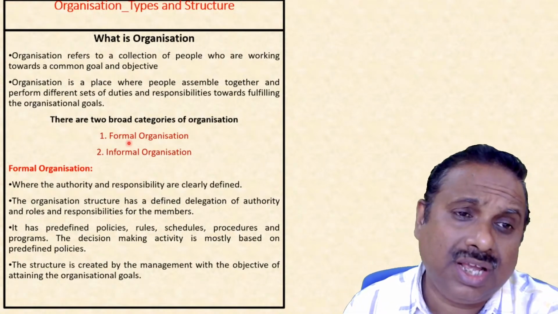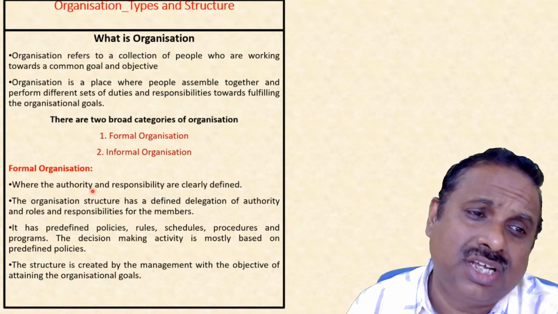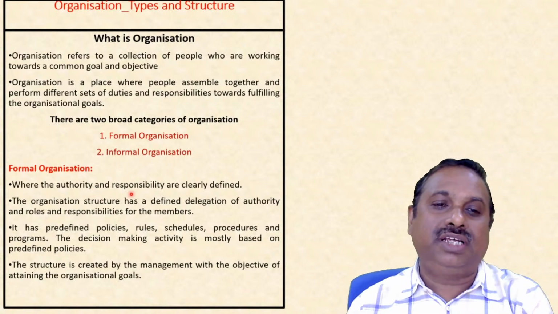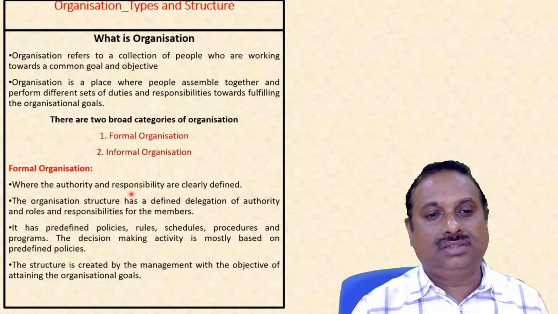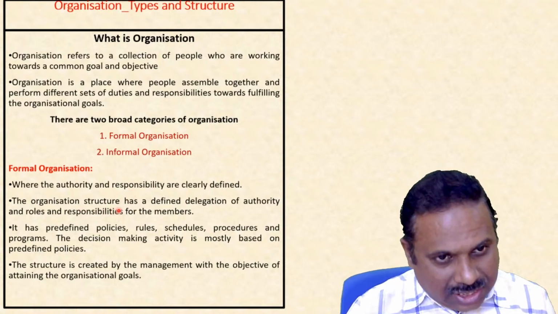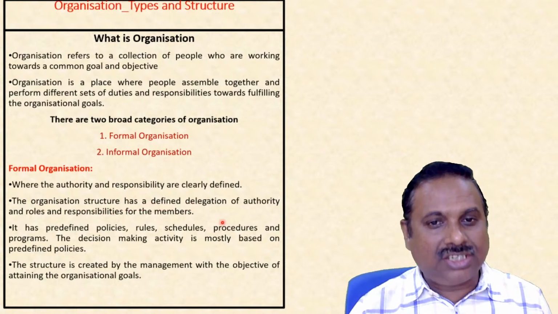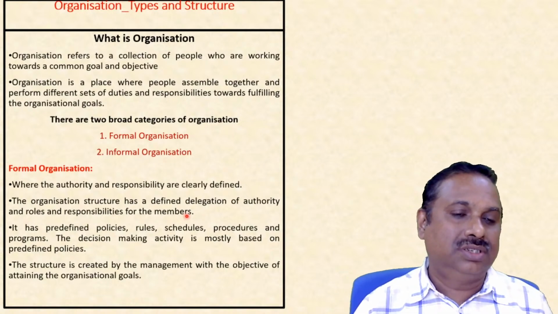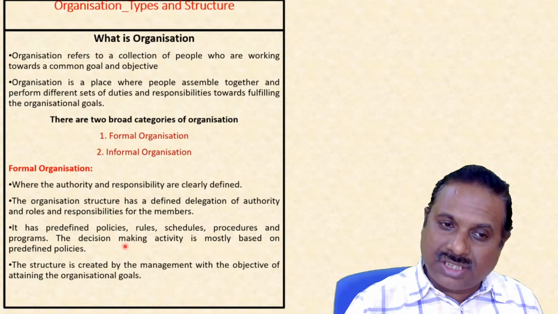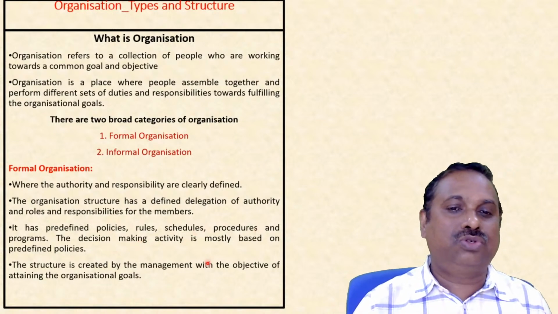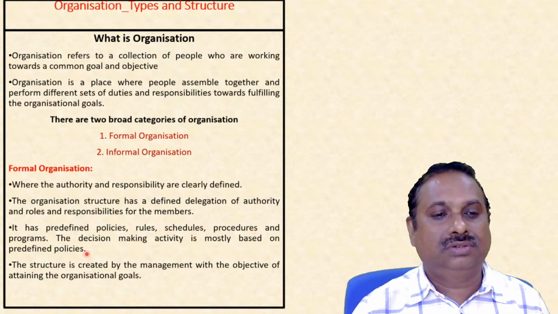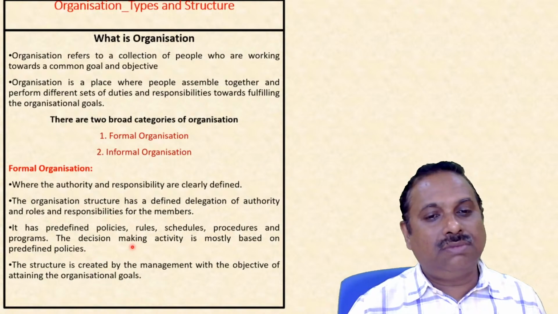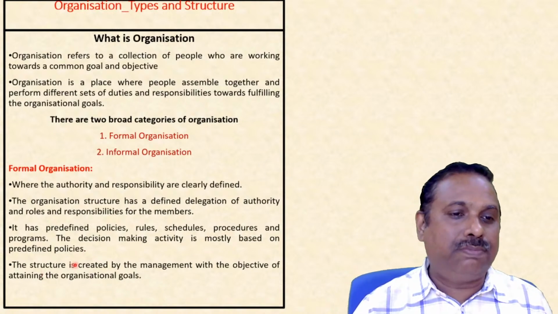So what is formal? As the name suggests, the authority and responsibility are clearly defined. The organizational structure has a defined delegation of authority, and roles and responsibilities for the members. It has predefined policies, rules, schedules, procedures, and programs. The decision-making activity is mostly based on predefined policy.